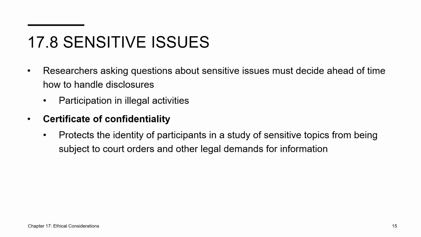So you must include information about what you're going to do with that. And you can apply for something called a certificate of confidentiality. And this protects the identity of participants in a study of sensitive topics. And so this ensures that they would not be subject to any sort of court order or legal demands for obtaining that information.